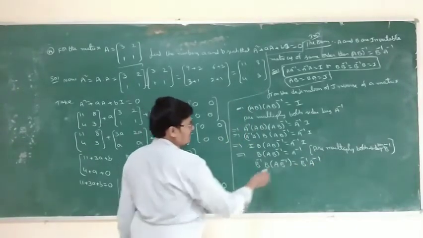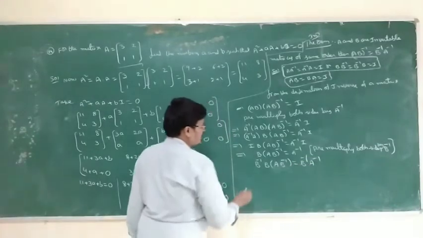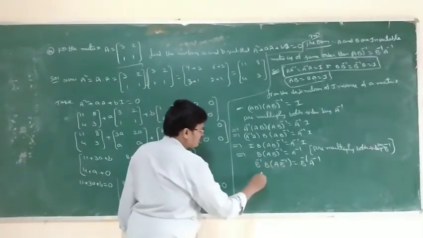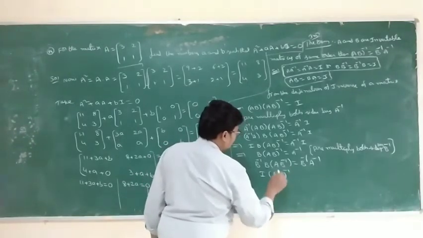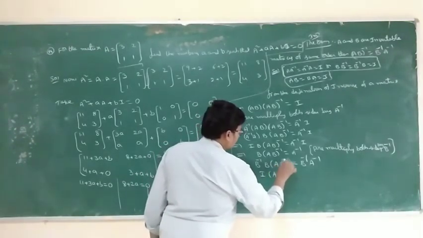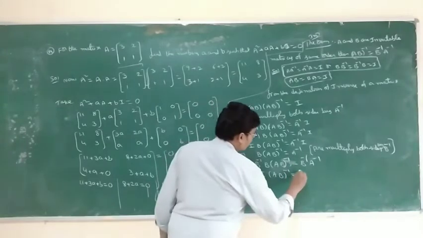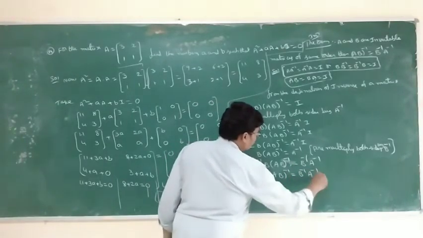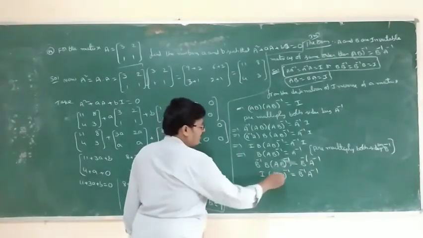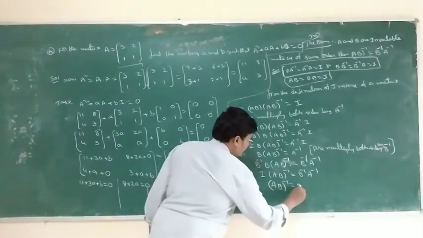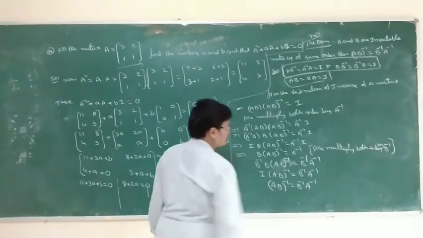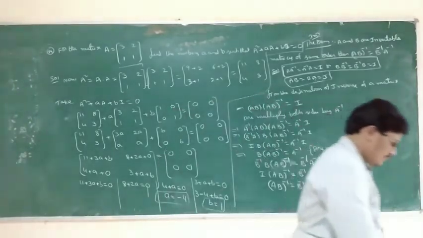Pre-multiply means before multiply. B inverse into B is equal to I, so I into (AB) whole inverse is equal to B inverse into A inverse. The identity matrix into any matrix is equal to that matrix. So (AB) whole inverse is equal to B inverse into A inverse.